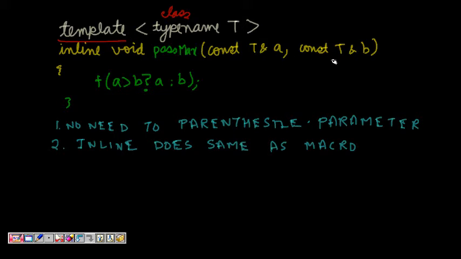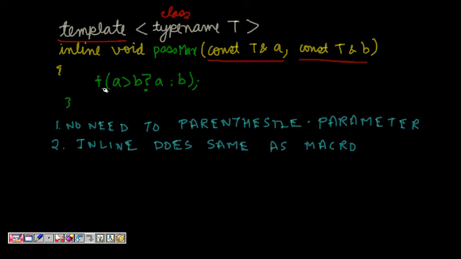So I'm taking references of a and b, and those references are const, which means I cannot change them inside the function. This also saves space, because I'm only carrying the reference, the memory location of a and b, and at the same time I cannot change them inside the function. This saves memory if a and b are of very big size.